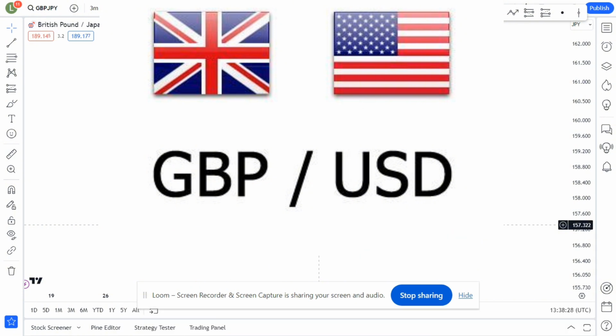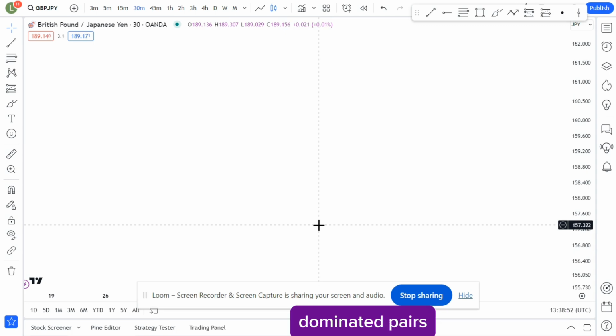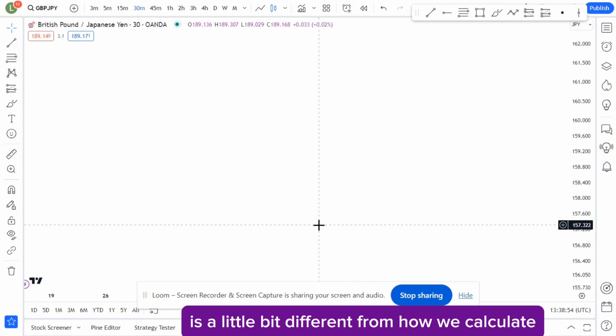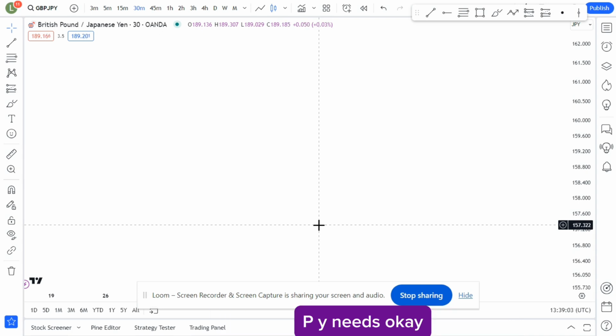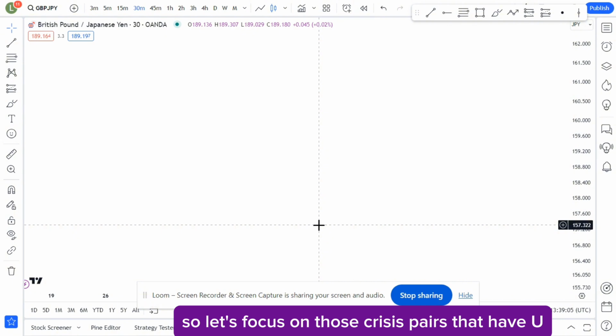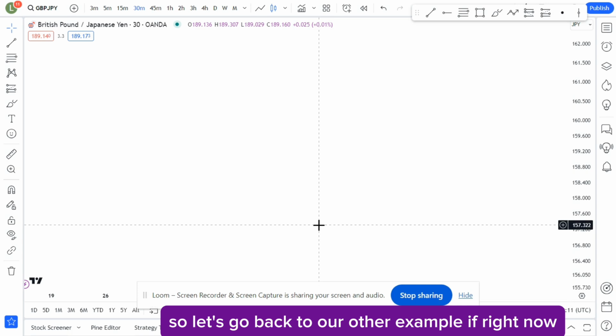All right. So, like I said earlier, how we calculate pips in USD dominated pairs is a little bit different from how we calculate JPY dominated or any pair that has JPY in it. Okay, so let's focus on those currency pairs that have USD in them. So let's go back to our other example.